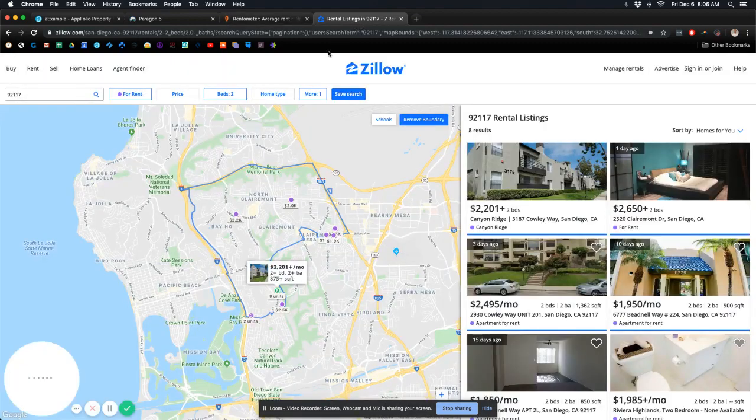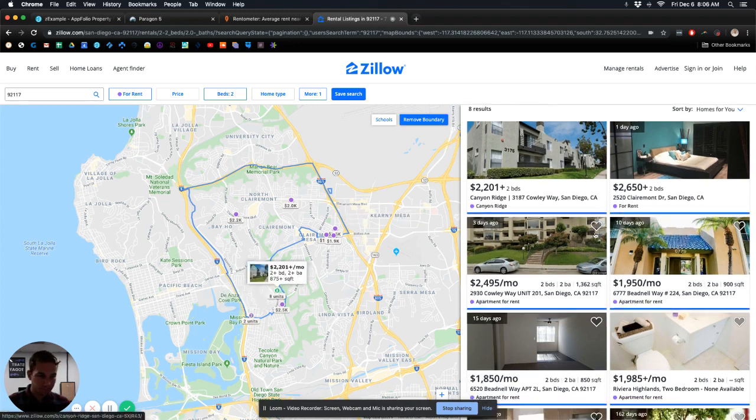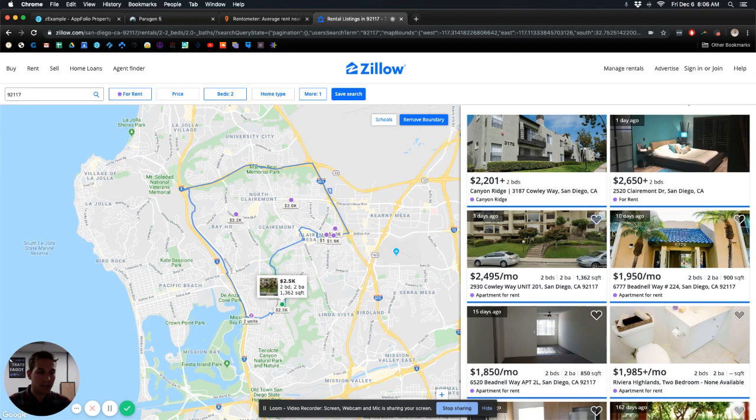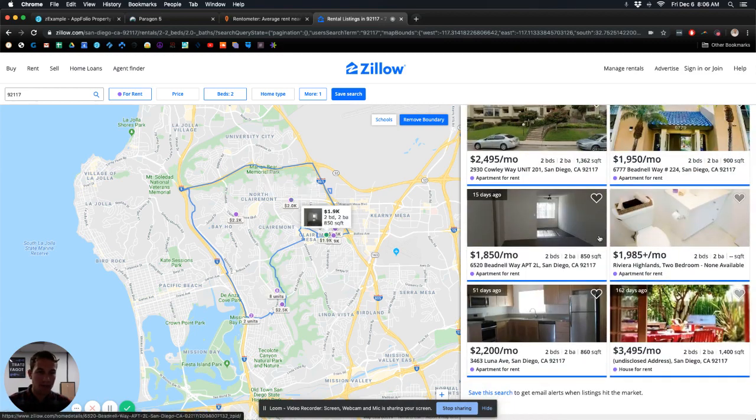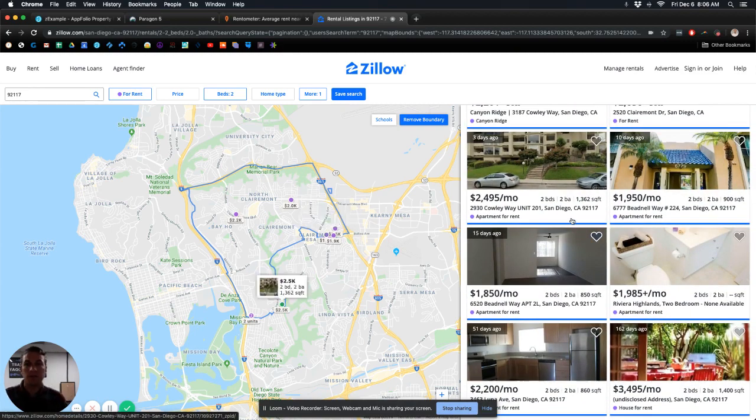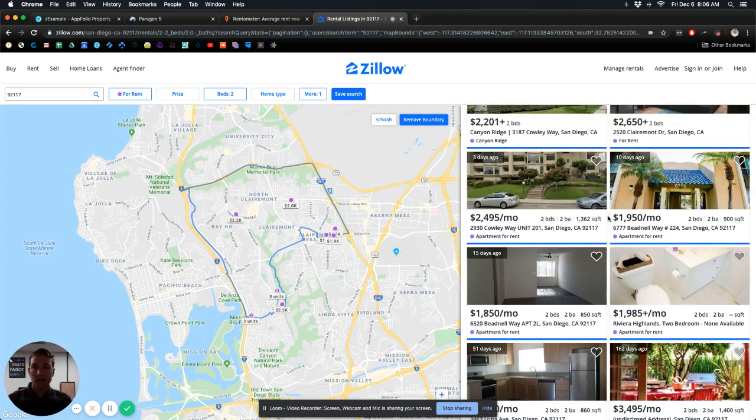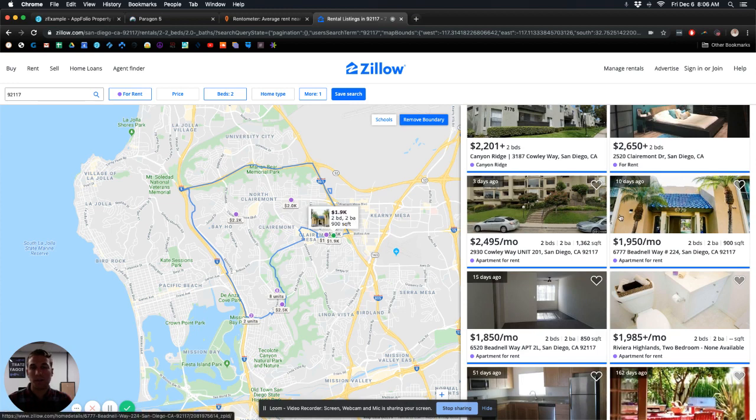One last thing that you need to be wary of, but you can use as a resource, is actives on public platforms like Zillow. It's a good place to get a gauge, a temperature of the market, and see how long properties are sitting. If you have a bunch of properties at a similar price point that have been on the market 2, 3, 4 weeks, that's an indication that there's a ton of supply and a lack of renters, and you're going to have to price your property aggressively to get it rented out.